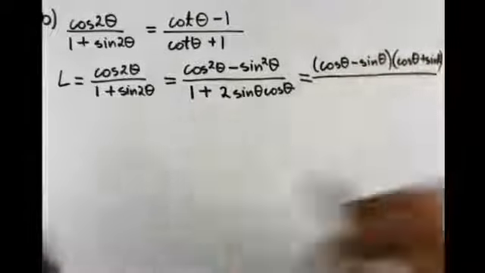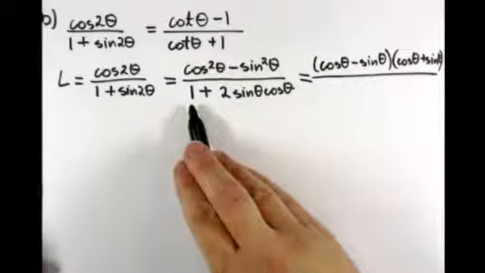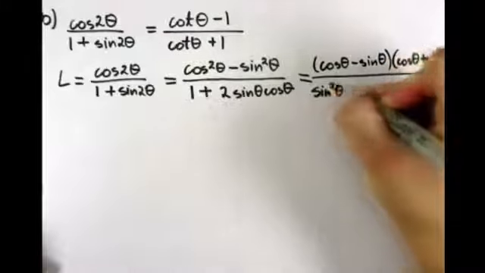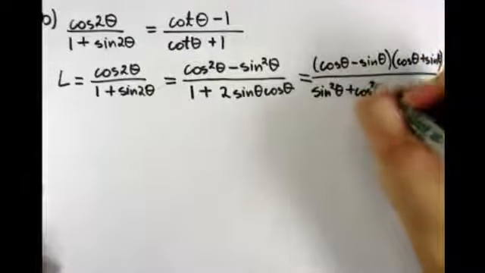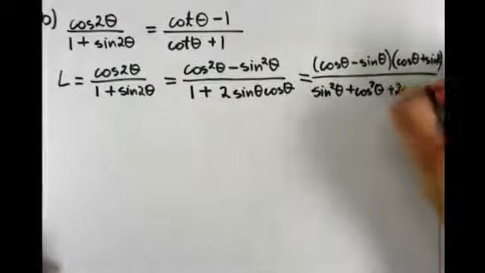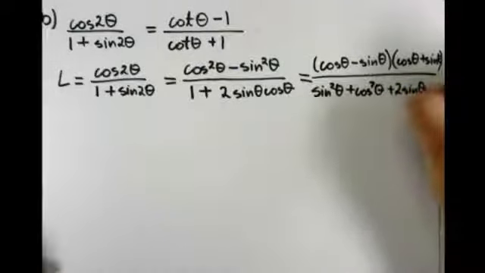All over, and on the bottom instead of 1 I will write sine square plus cos square, which is 1. So we have sine square theta plus cos square theta, and then I have plus the rest, plus 2 sine theta cos theta.